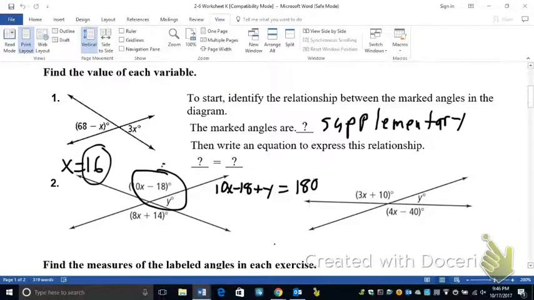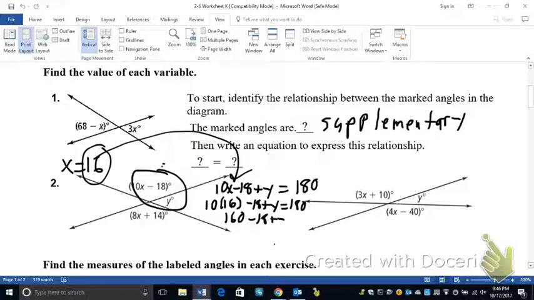We know that x equals 16, so we plug it in right there. So we go 10 times 16 minus 18 plus y equals 180. So 160 minus 18 plus y equals 180. 142 plus y equals 180. Subtract 142 from both sides, and we get y equals 38.